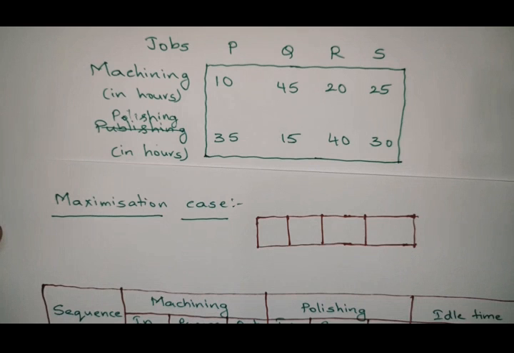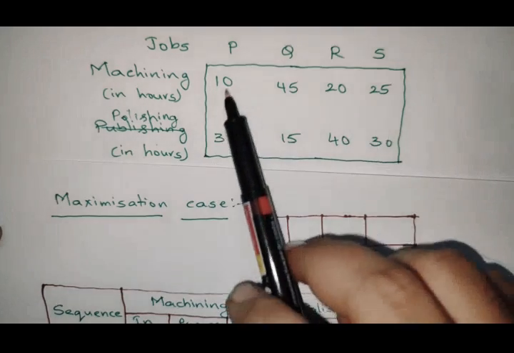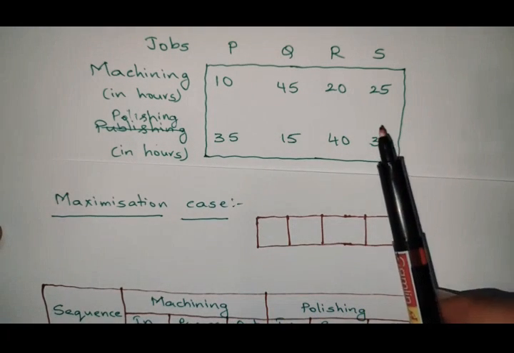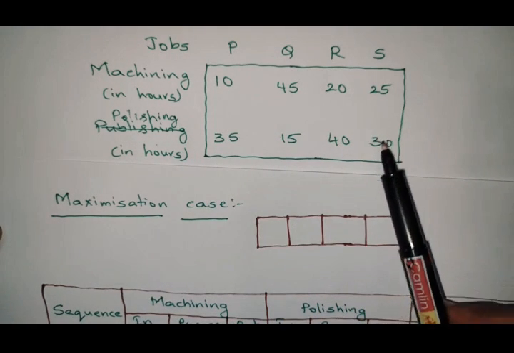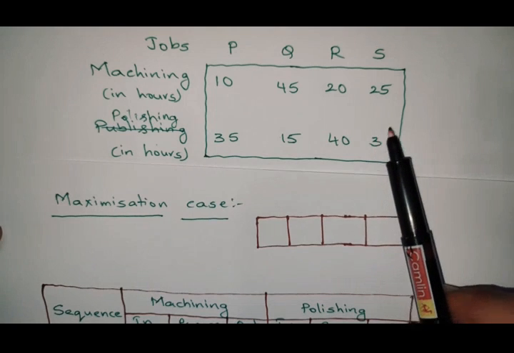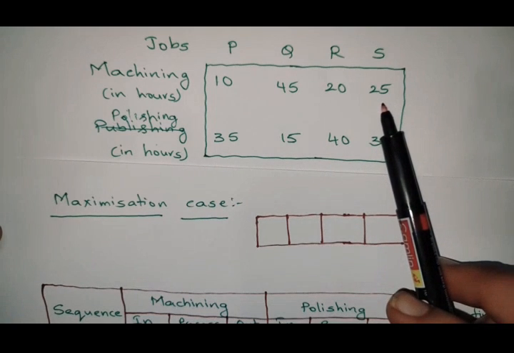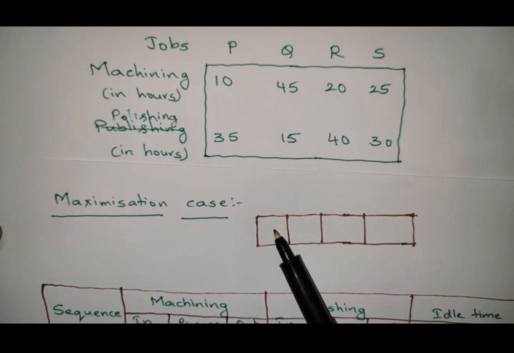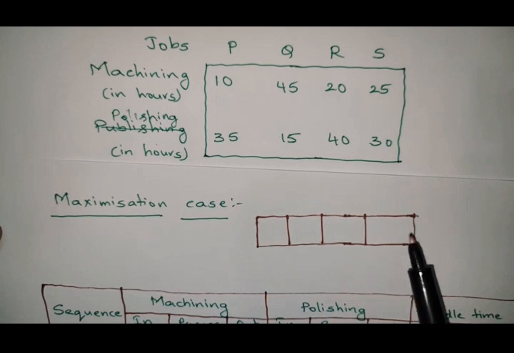If you want to do the sequence in a maximization case, then every time we need to identify the maximum value in the time estimates. If that maximum value is present in the first process, then we write that job on the left side of the table; otherwise we write it on the right side. So now let us see.